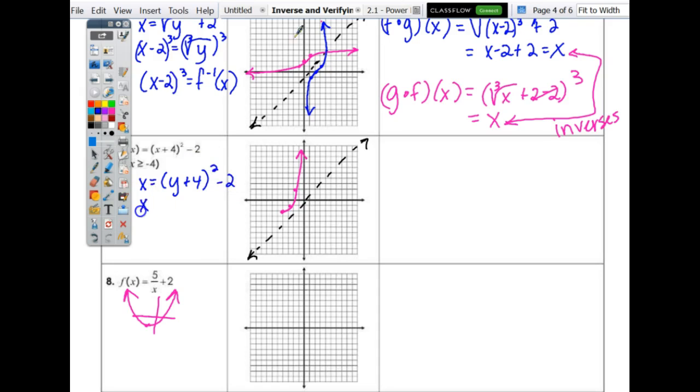I'm going to add the 2. Now what do I do? Square root. And subtract the 4.